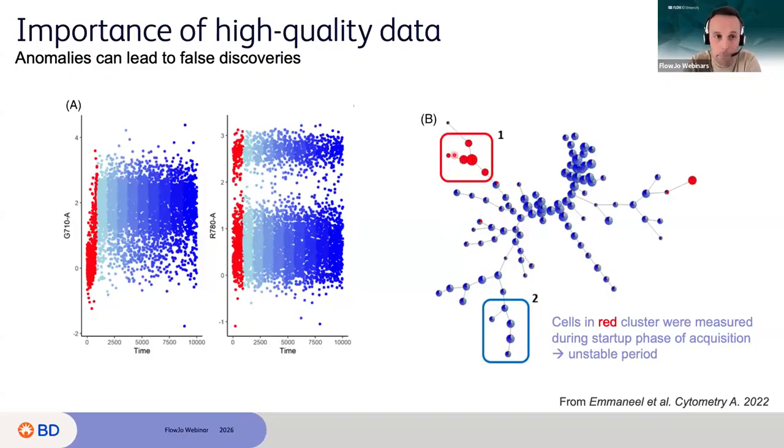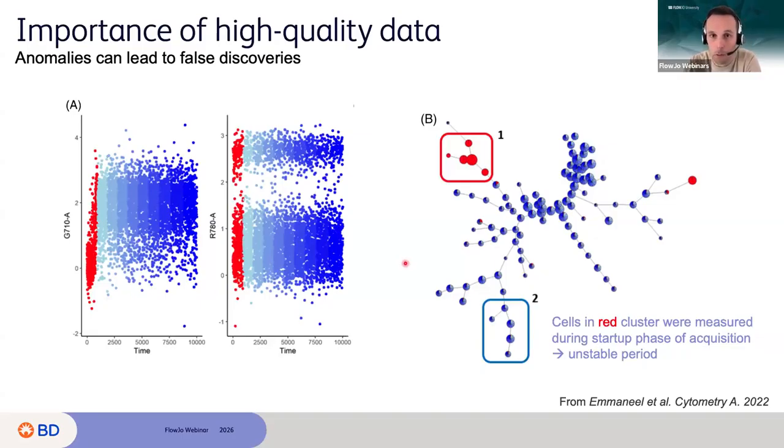And you may spend time and a lot of money to try to characterize those clusters when in reality they're just anomaly or artifact. So we want to make sure that we remove all those technical anomalies.